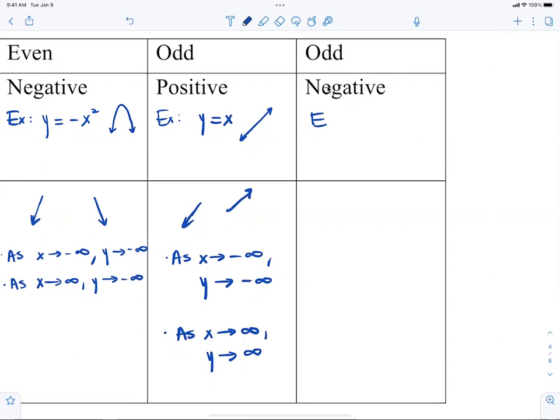And then for the negative leading coefficient, I reference y equals negative x. So a line with a negative slope.